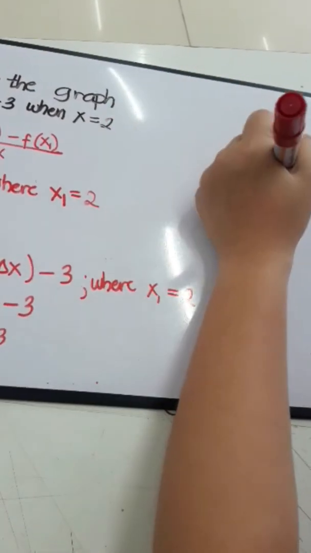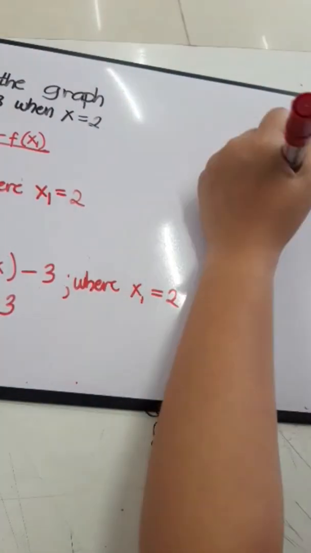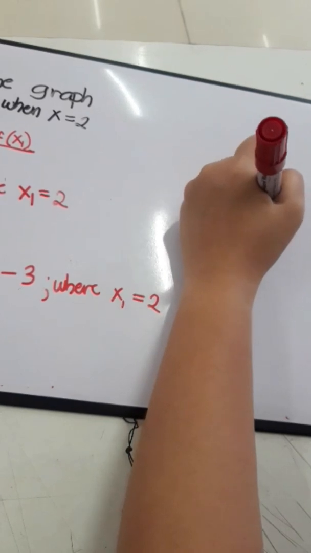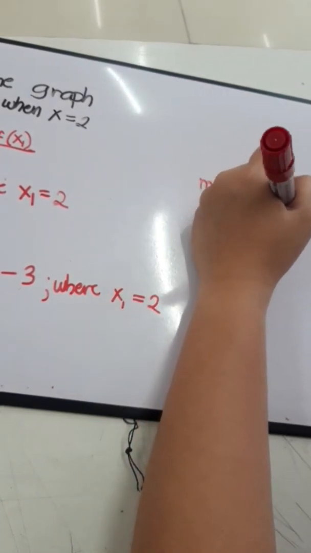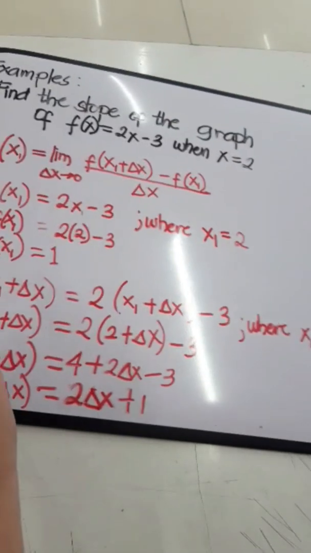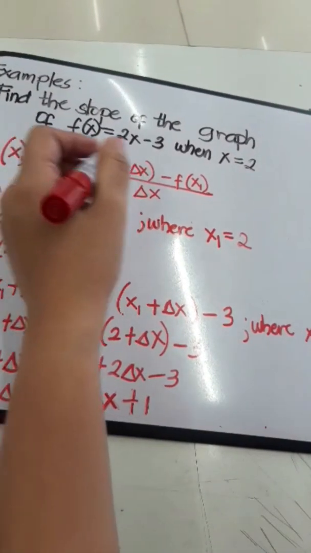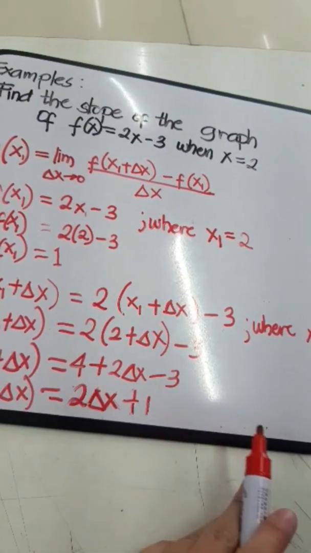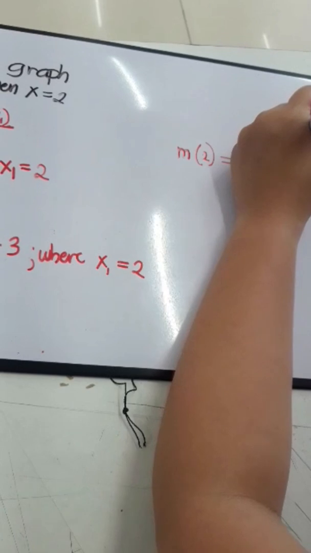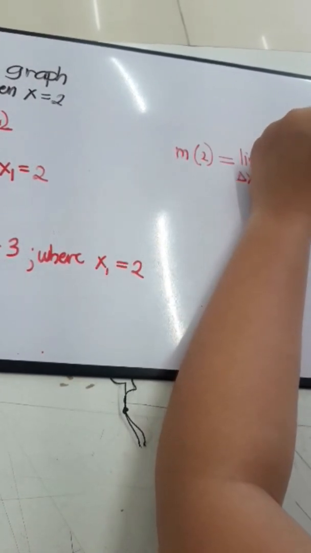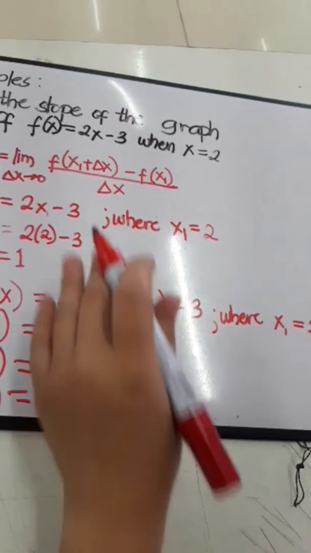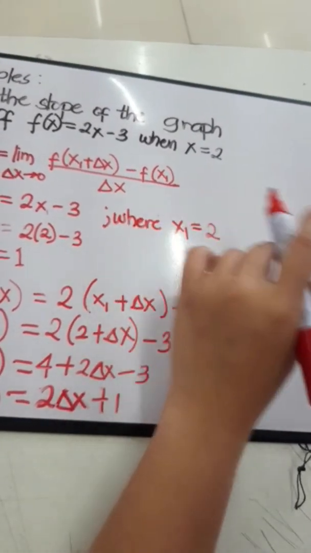So the slope at 2 is equal to the limit as delta x approaches 0 of f of x sub 1 plus delta x, which is 2 delta x plus 1, minus f of x sub 1.